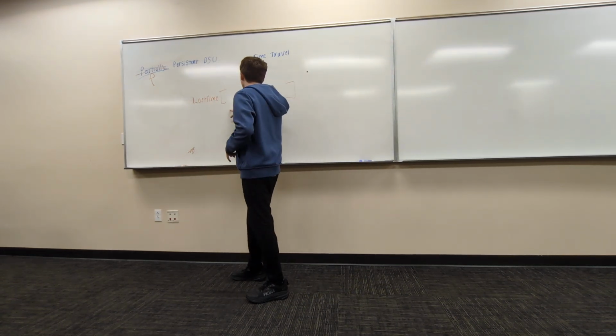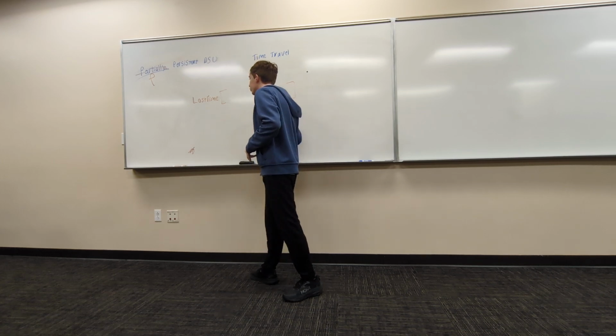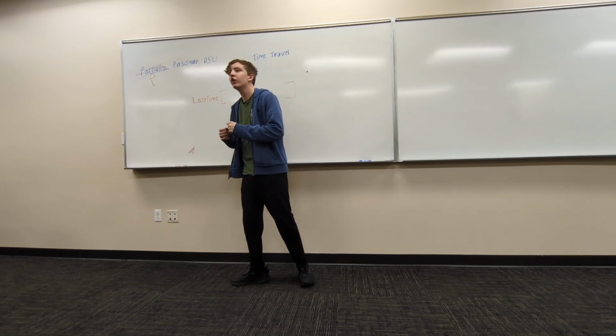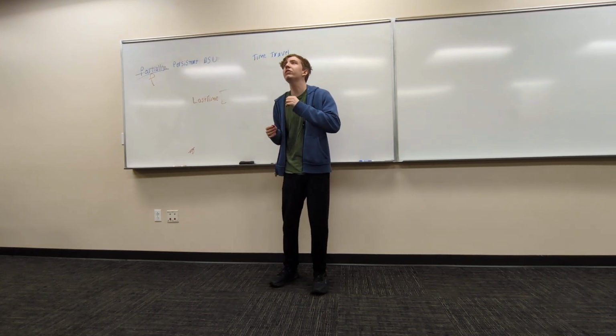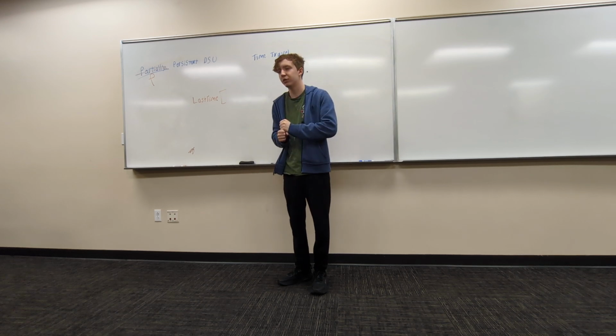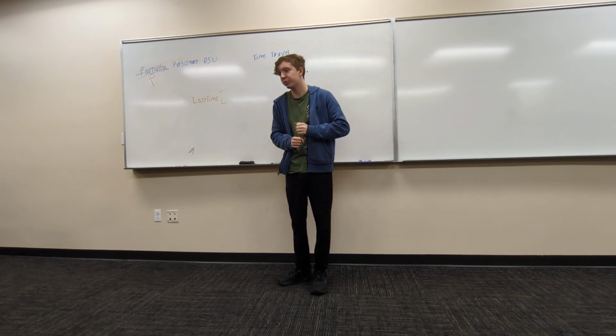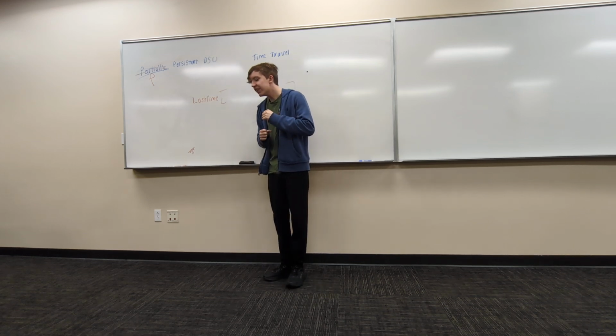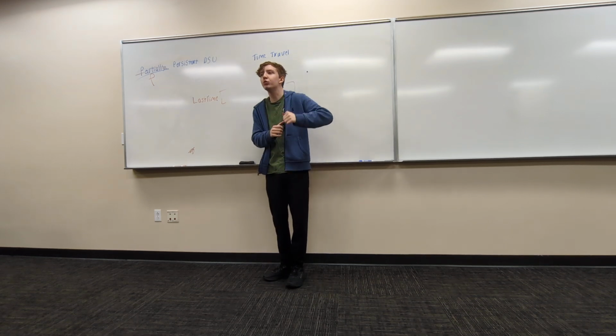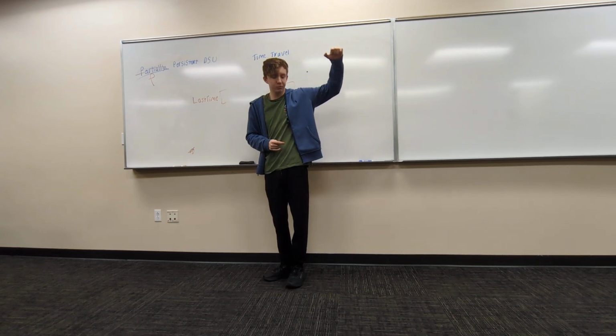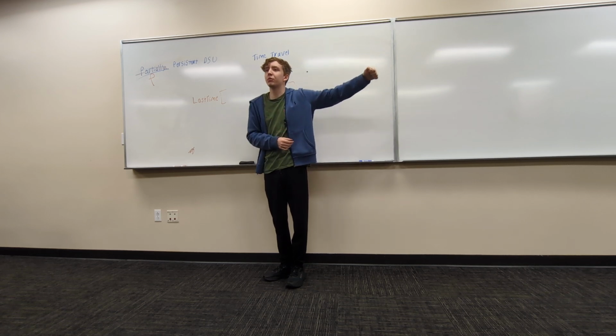I'm going to add one more array, and this array will store for each node the last update time that it was the root, when it was the representative of the component.